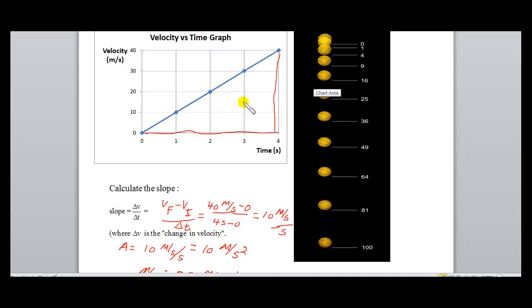Another second passes, a total of 3, it's gained another 10 meters per second, and now it's up to 30 meters per second. And again, another second passes, if it hasn't hit the ground yet, then it will gain another 10 meters per second for a total of 40 meters per second of velocity as it starts to fall. So this tells you how the velocity is changing with time.